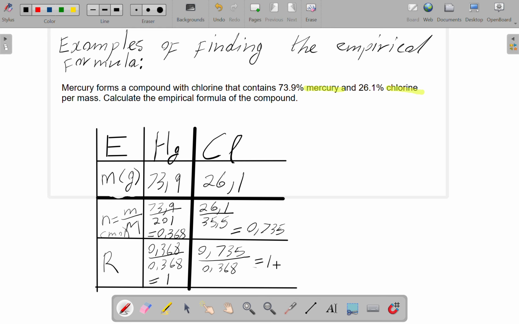I get 1,99999. And because this is 1,9999, I'm simply going to round this off to a whole number. And if I do that, 1,999 should give me 2. So my ratio then will be 1:2. It's going to be 1:2.